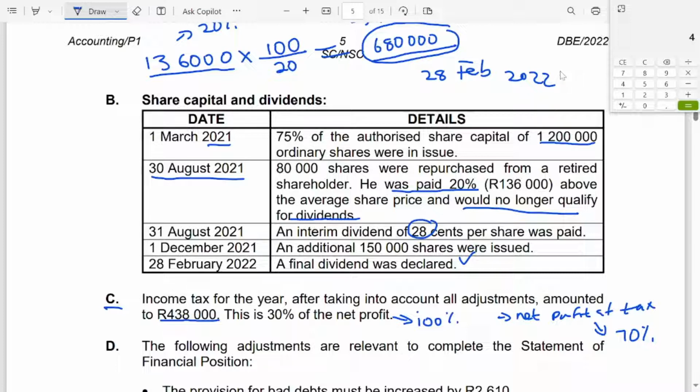To find it, we're going to say 438,000 multiplied by. Below we're going to put what we have, which is the income tax, the 30%. And then above we're going to put what we want, which is the net profit after tax, 70%.